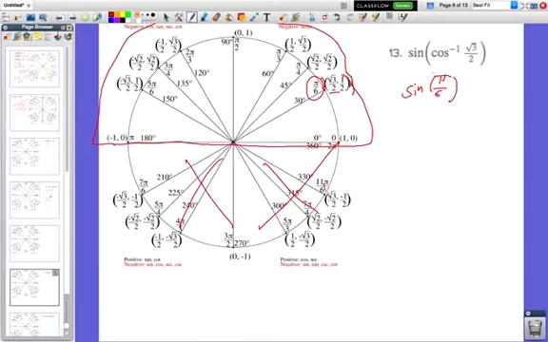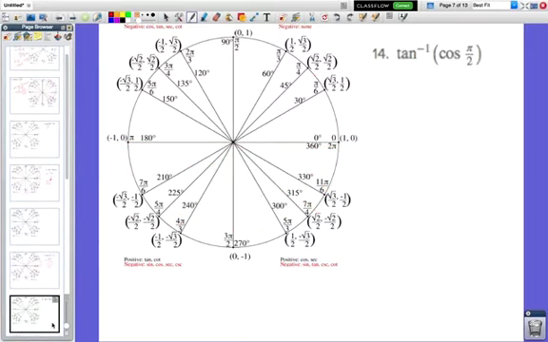So I'm just going to look at the y value of pi over 6. Well, that's going to be 1/2, and that's going to be our answer. Now, just a reminder, if this was a negative pi over 6, I'd be going down pi over 6 to this location, and so this would just turn into a negative.